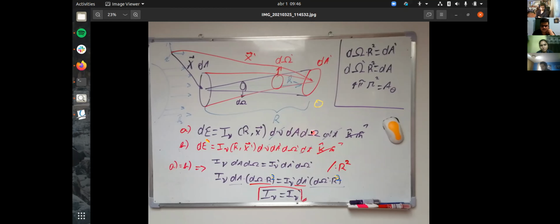Why do I say coming from instead of going towards? I say coming from because, if you pay attention, Felipe, can you draw a vector representing k? It's already there in blue. Exactly. So I say coming from because in this case, the solid angle d omega prime is pointing in the other direction than k.